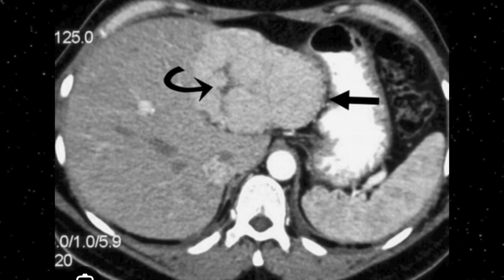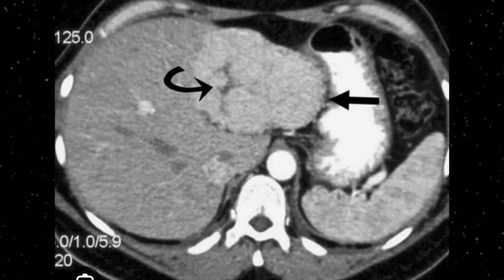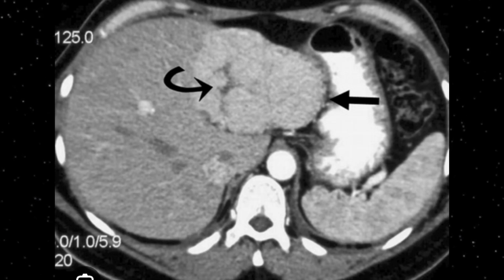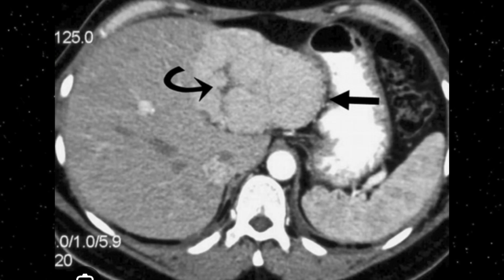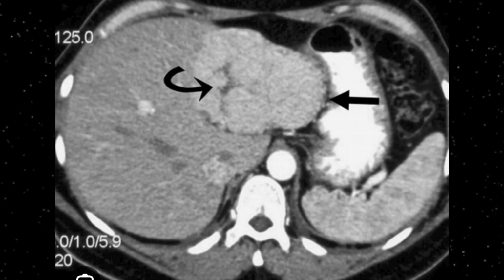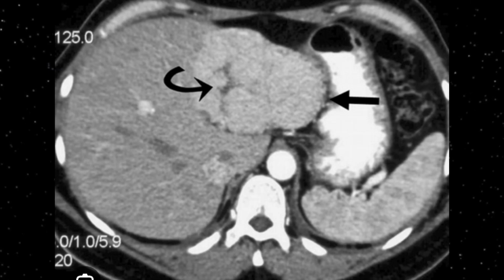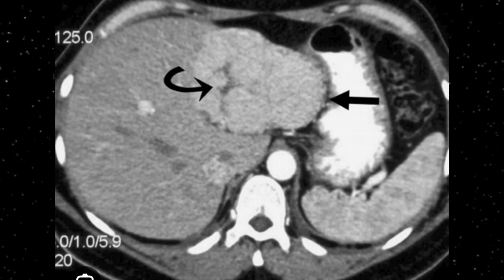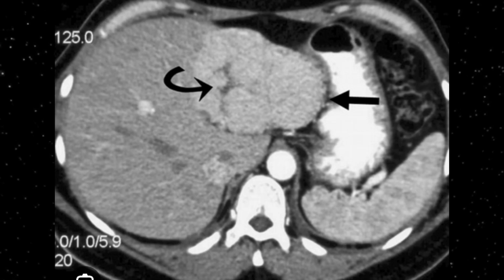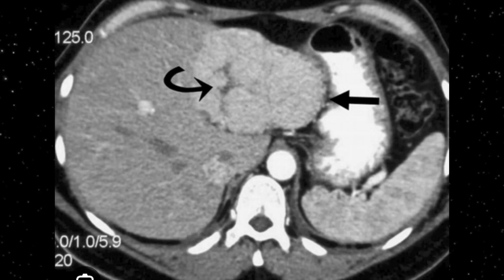This black arrow is indicating the scarring. Margins of the lesion are smooth. There is no irregularity. There is mass effect on the liver. This lesion is sitting in the left lobe, slightly protruding out of the left lobe.